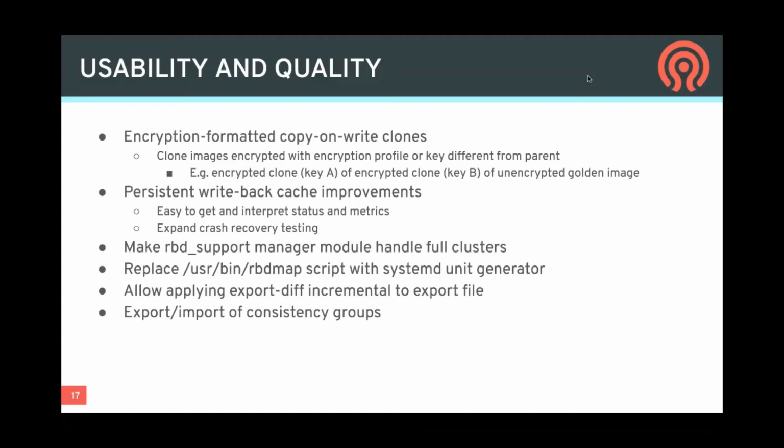In particular, I want to highlight that it would be possible to have a clone encrypted with key A, of a clone encrypted with key B, of an unencrypted golden image. And that is thinly provisioned for copy-on-write, as you would expect from a regular RBD clone.